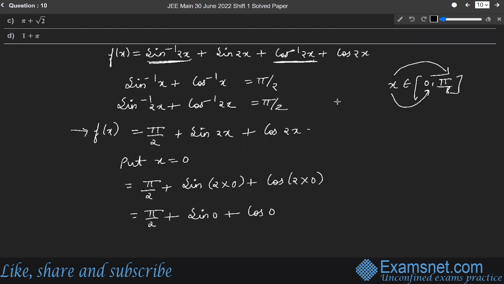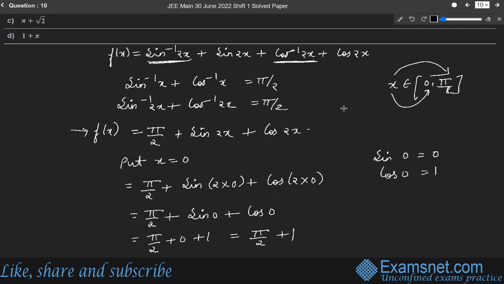Do you know the value of sine 0 and cos 0? From the trigonometric table, we know that sine 0 is equal to 0 and cos 0 is equal to 1. All right, so it will be pi by 2 plus 0 plus 1, which is equal to pi by 2 plus 1. This is the value of small m, the minimum value.